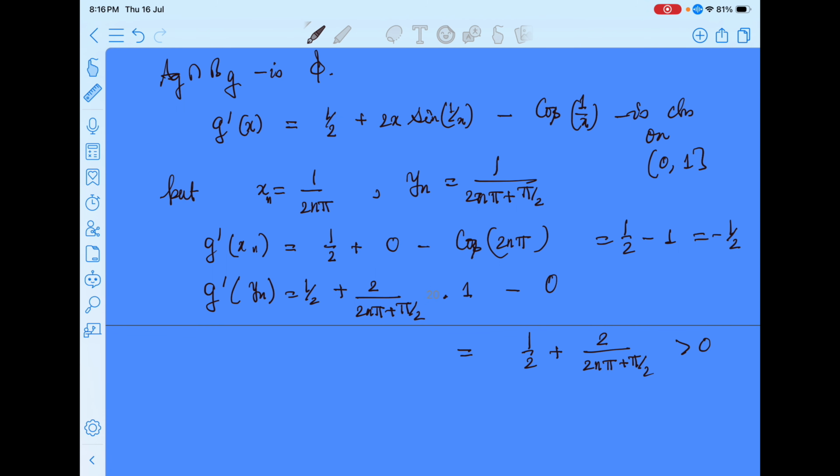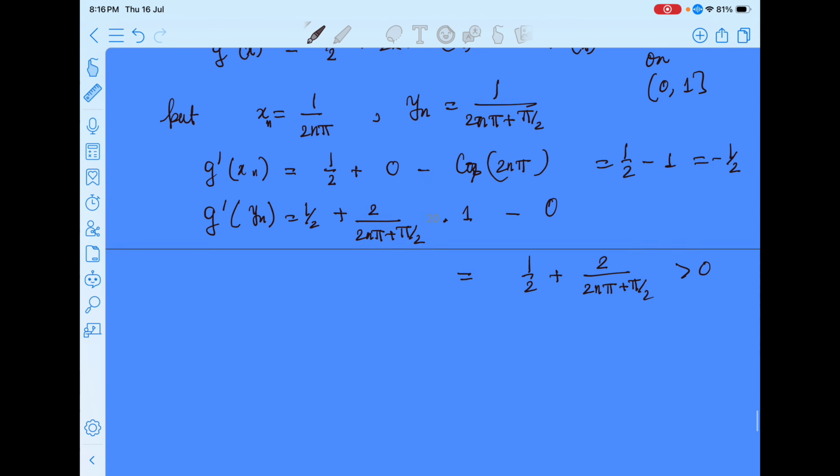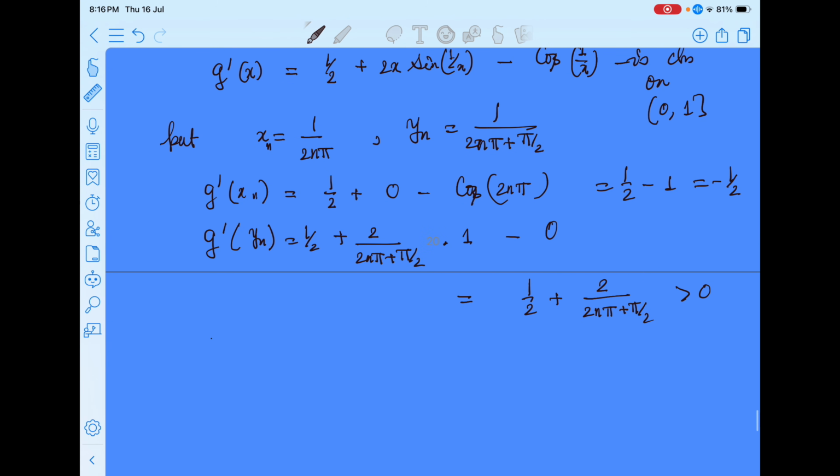Okay, so that means in between 1/(2nπ + π/2) and 1/(2nπ), at this point the function has positive value, and at that it has negative value.